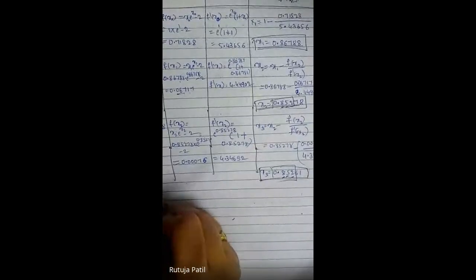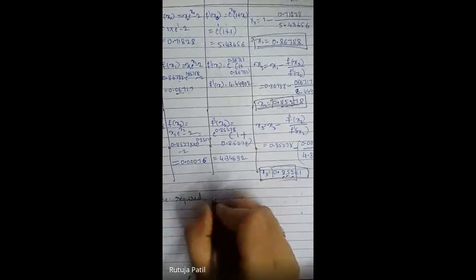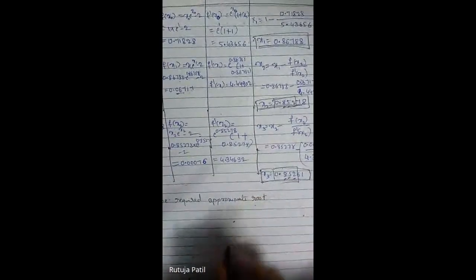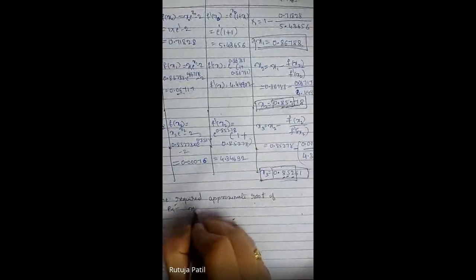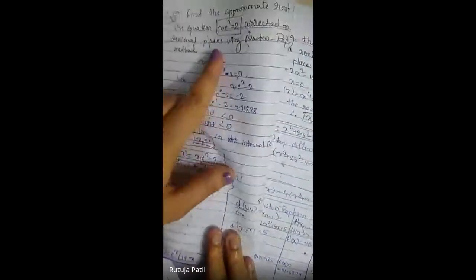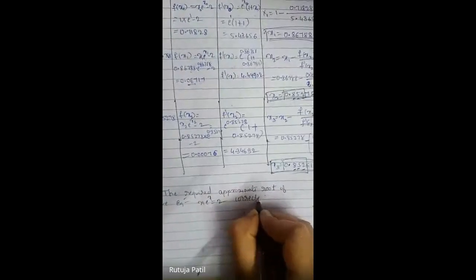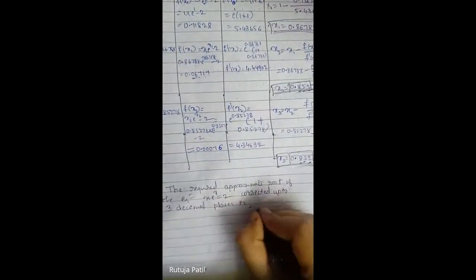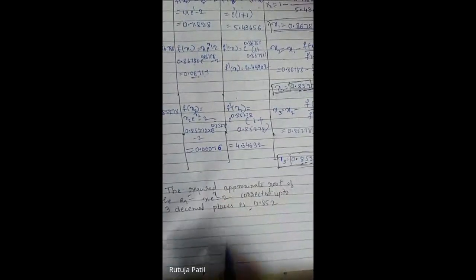Therefore, the required approximate root of the equation, that is x into e to the power x equals 2, which was the given equation in the question, corrected up to 3 decimal places is 0.852.